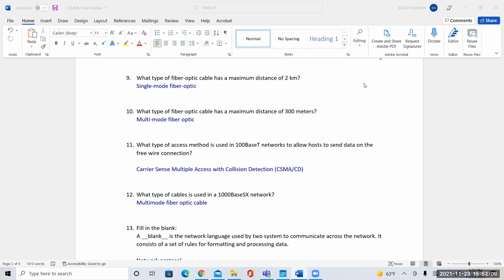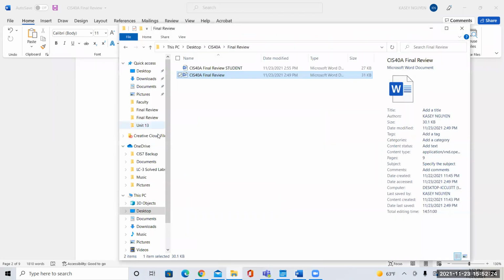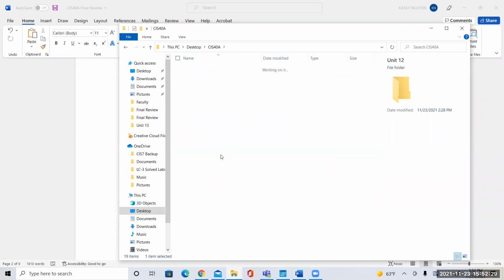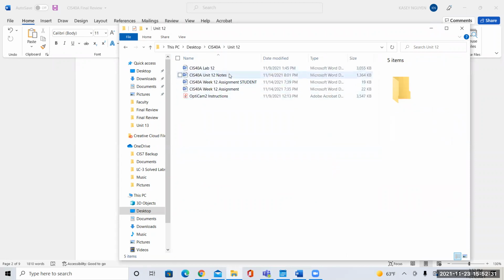Is there a meaning to the L in LX and the S in SX? Yes, there is, David. I can't remember exactly what they actually mean, but the IEEE specified that. Let me find if I reference it in lab 12.